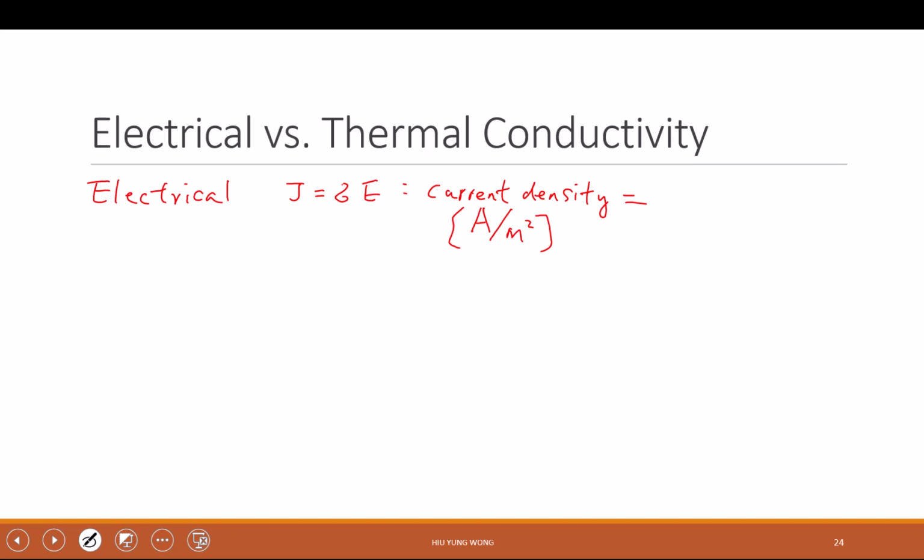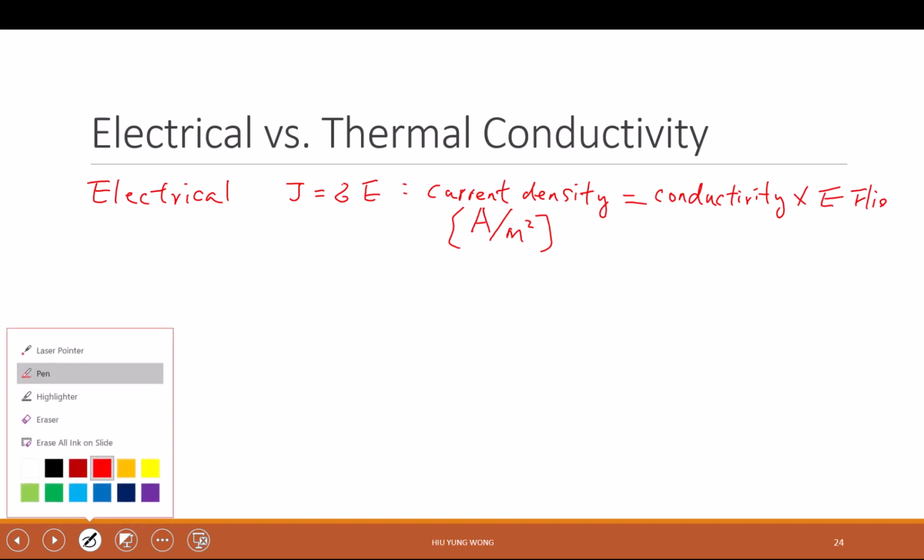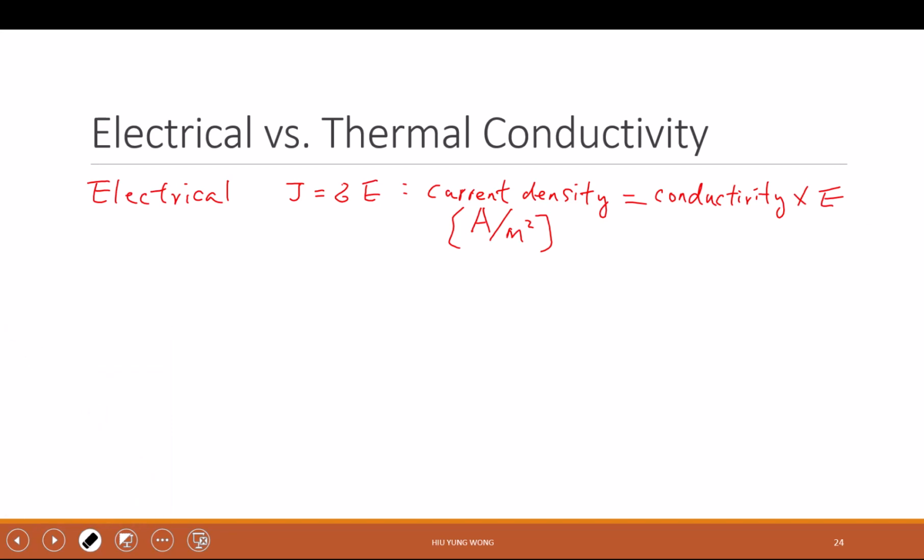Okay, current density equals the conductivity times the electric field. What is the unit of electric field?